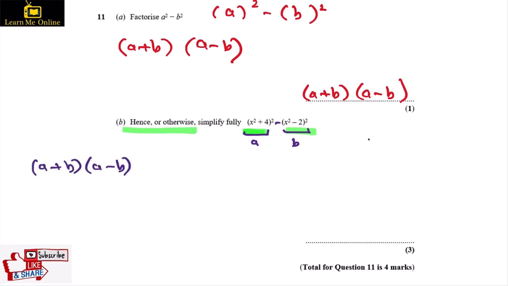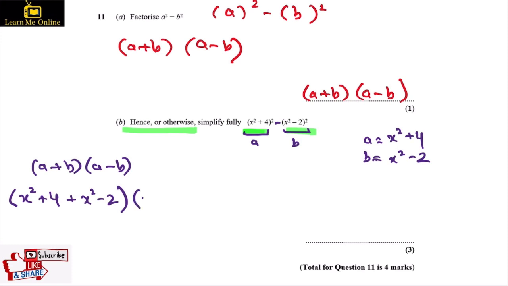So a, I'm going to write on the side, a is x squared plus 4 according to this one, and b is x squared minus 2 according to this one. So we're going to do a plus b. A plus b means x squared plus 4 and then plus x squared minus 2. This would be the first bracket, which is a plus b. A minus b would be x squared plus 4 minus b, which means minus x squared plus 2.